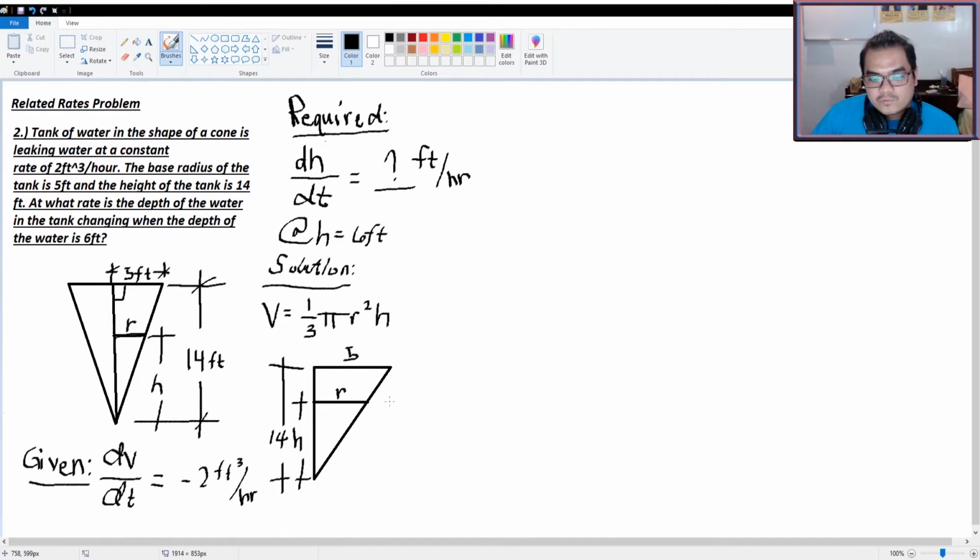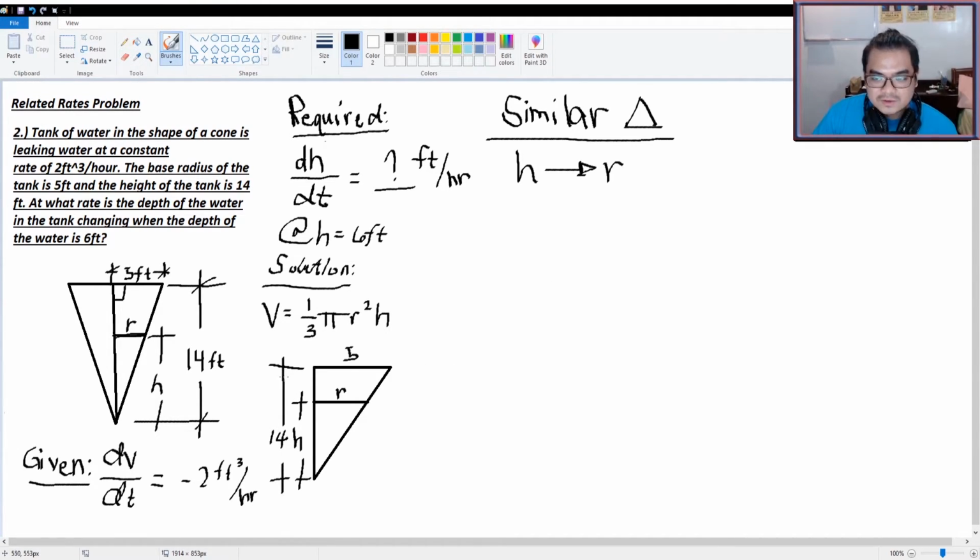Okay, so from this triangle, we can use here similar triangles. So that is height to radius.